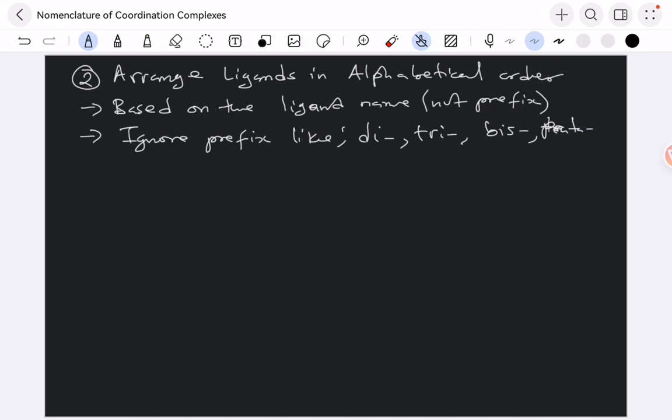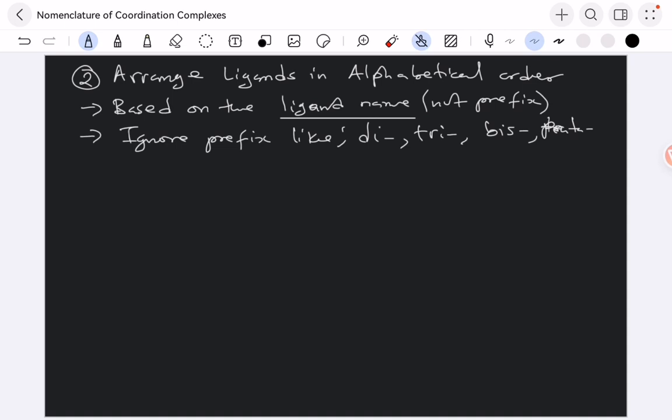So these are called prefixes. These do not affect the alphabetical order. The alphabetical order is affected by the name of the ligand.